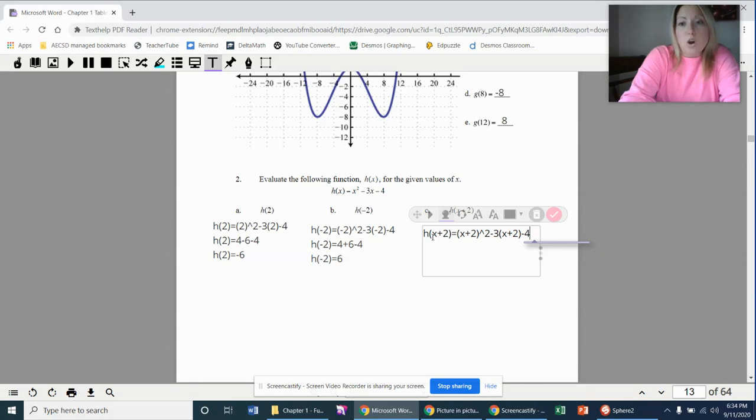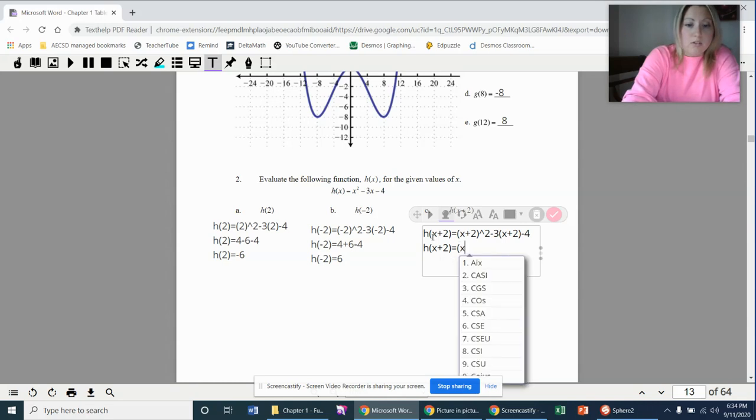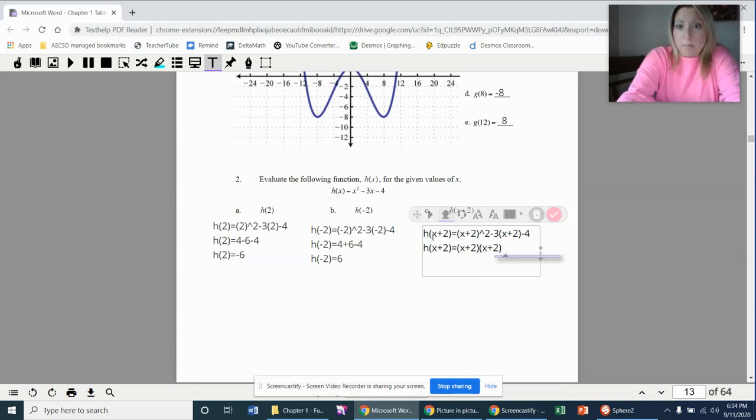When you square a polynomial, it's the polynomial times itself. I'm going to have to FOIL that.